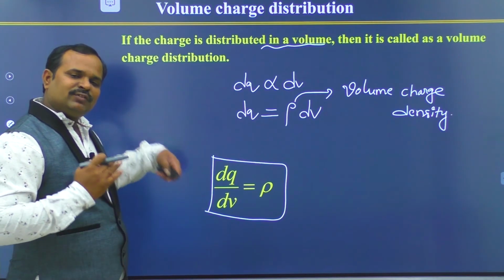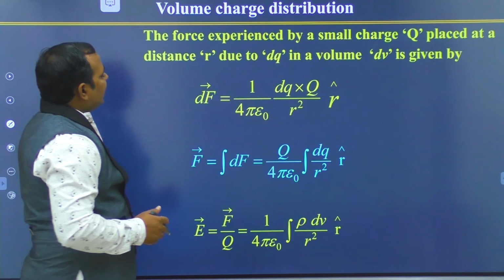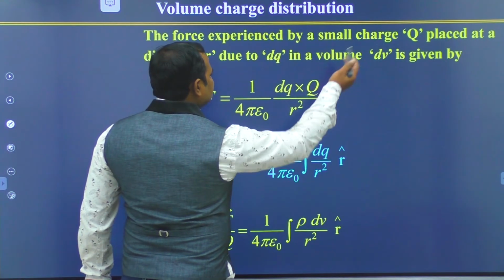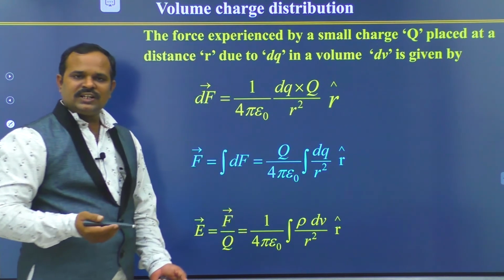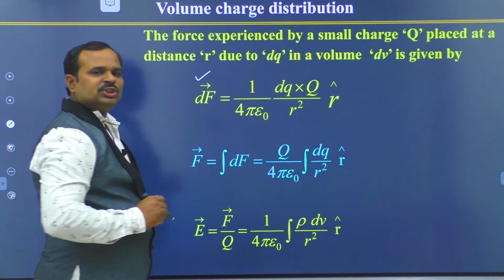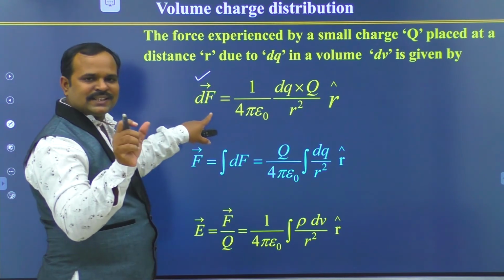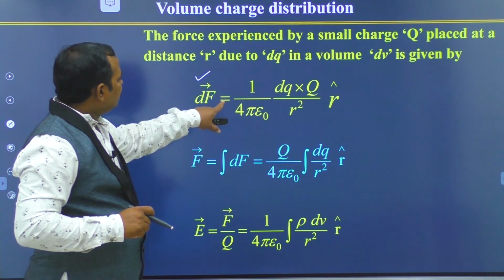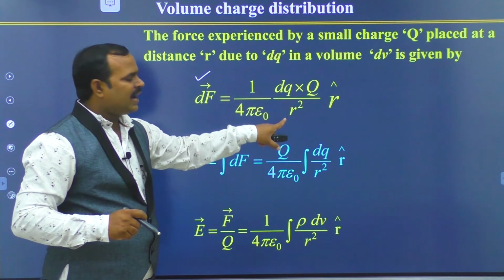Similarly, we can also find the force and field this way. If you keep a positive charge above, the force experienced by it because of the small charge in the small volume dV is 1 by 4 pi epsilon naught dq into q by r square.